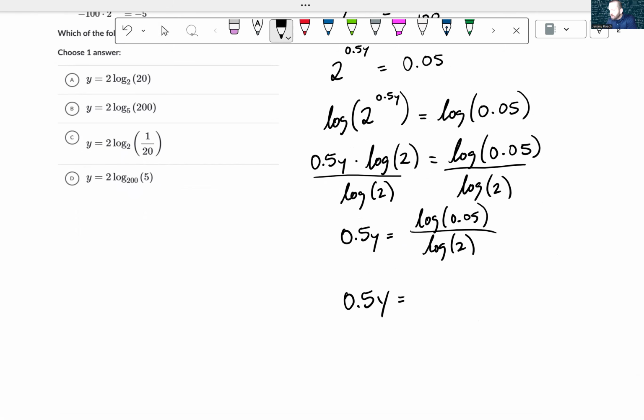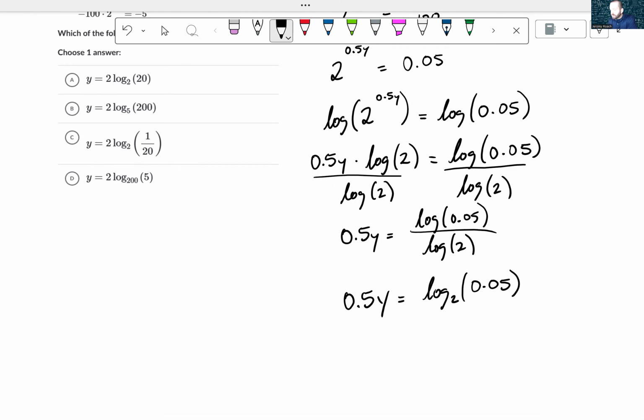This is now log base 2, has a base of 2. That's on the denominator. And then the argument is going to stay the same as 0.05. So now we've kind of gone backwards using change of base rule.